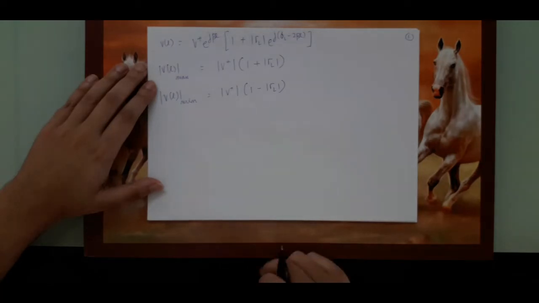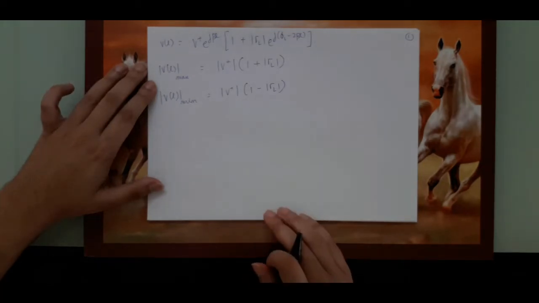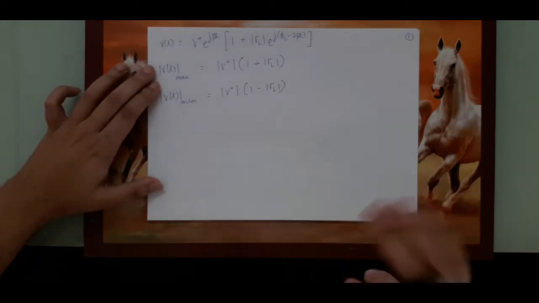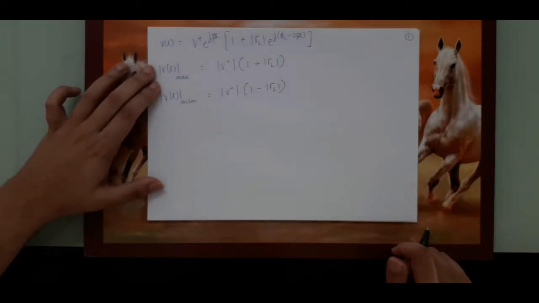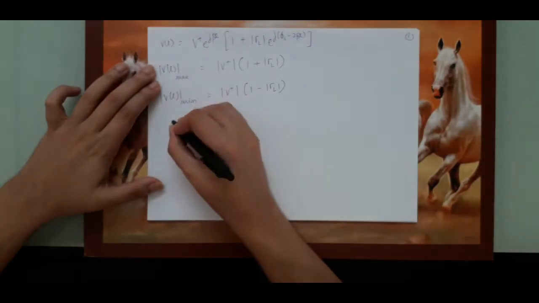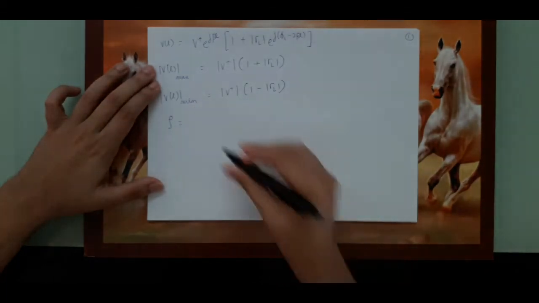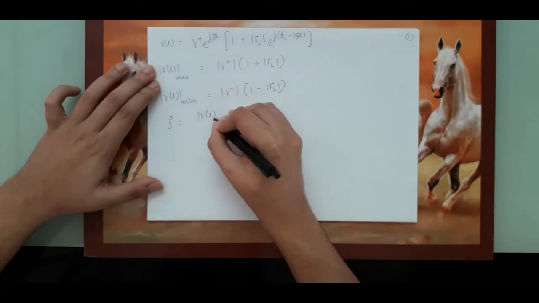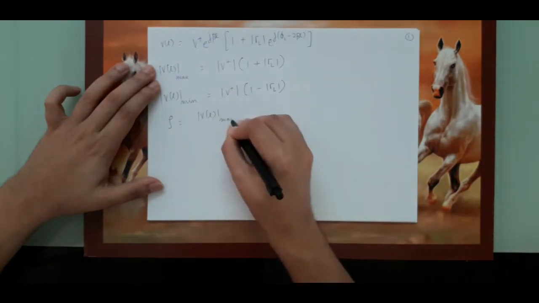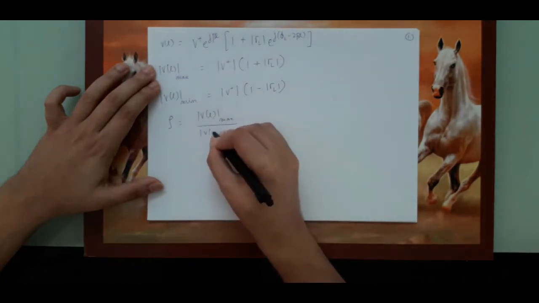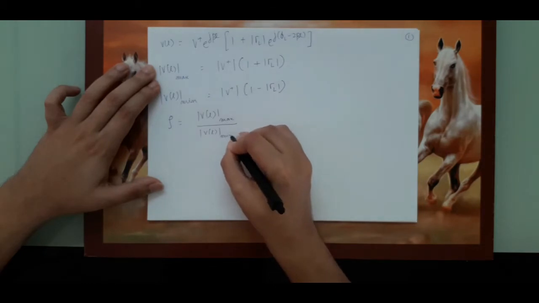Is that fine? Okay. Now, let's define a ratio called rho, which is nothing but the ratio of the maximum to the minimum magnitudes of this voltage.